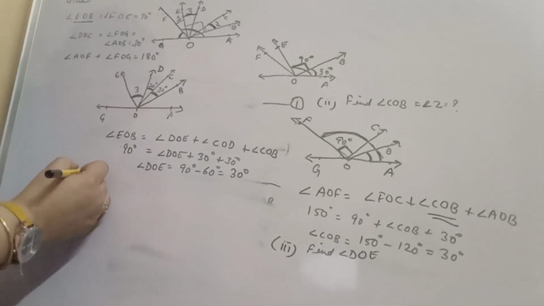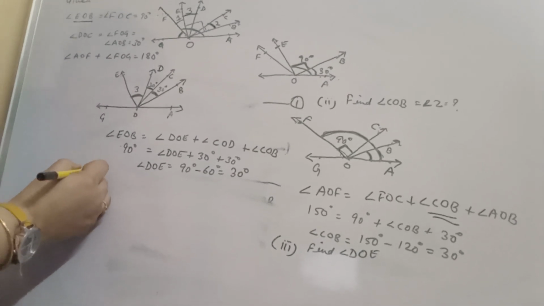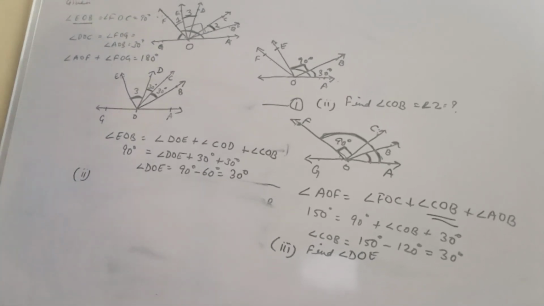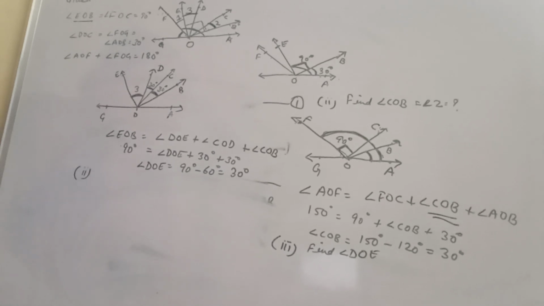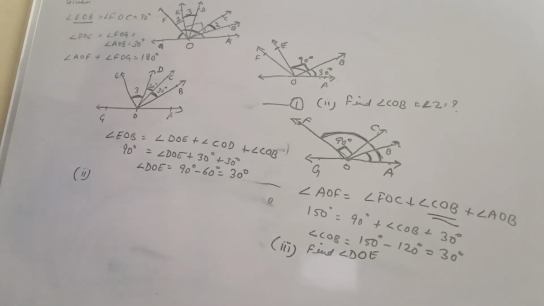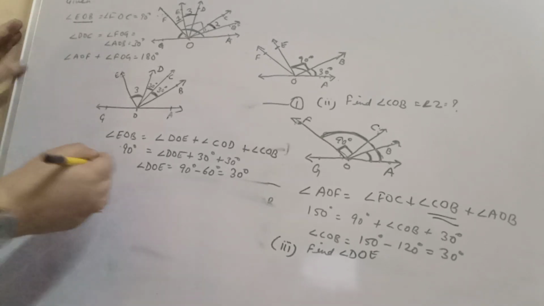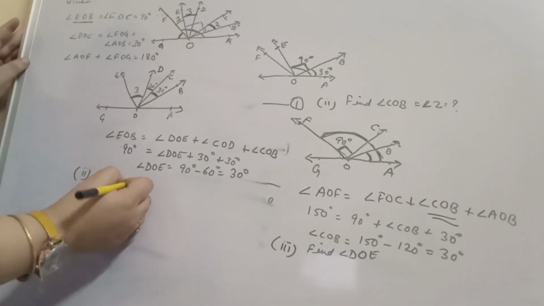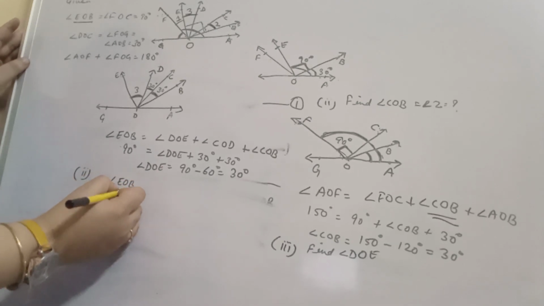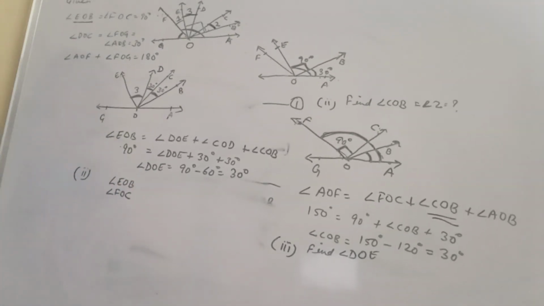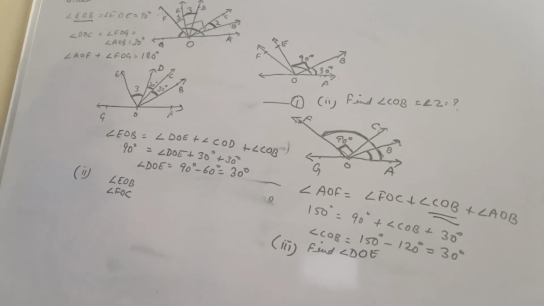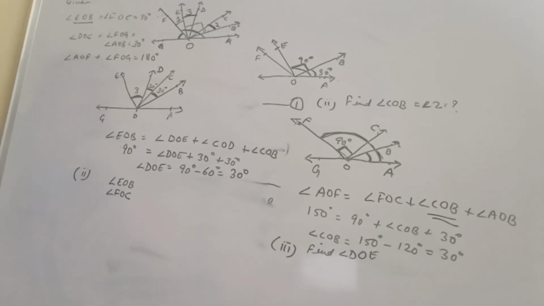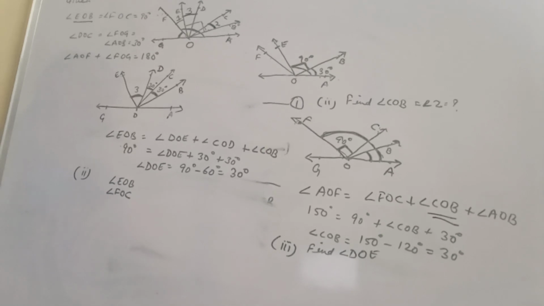Okay, now second part is: name all the right angles. All the right angles. So obviously the ones which are given to you are right angles. So let's see, my right angles are EOB, FOC, and what are other right angles that you can get?